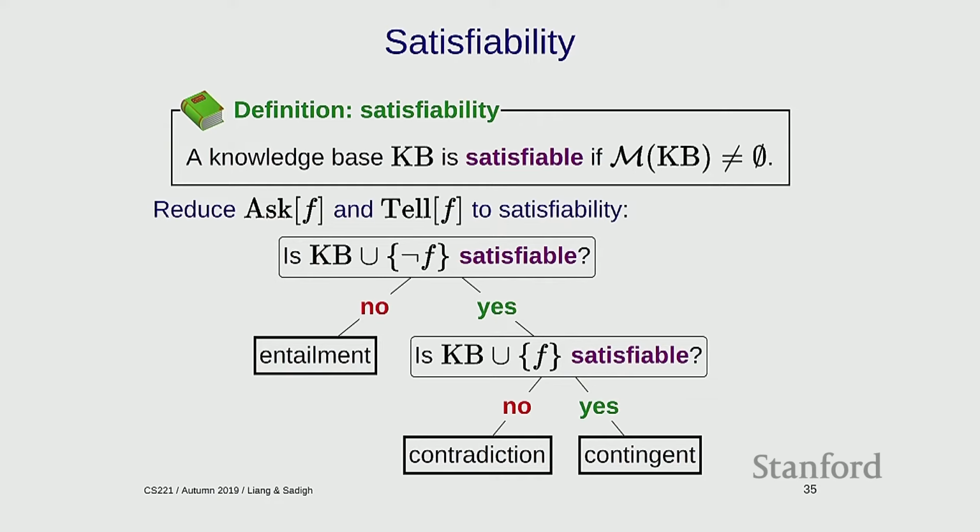So this is a way in which you can reduce answering ask and tell, which is basically about assessing entailment, contradiction, or contingency, to just at most two satisfiability calls.